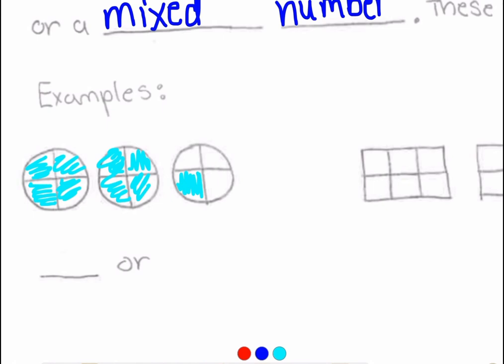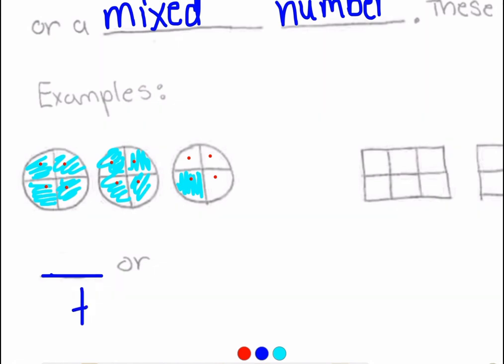They'll get the numerator right, they'll get the denominator wrong. I'm going to start with my denominator first. So what it's saying is, okay, how many slices is this pizza broken up into? 1, 2, 3, 4. How many slices is this pizza broken up into? 1, 2, 3, 4. How many slices is this pizza broken up into? 1, 2, 3, 4. So guess what my denominator?